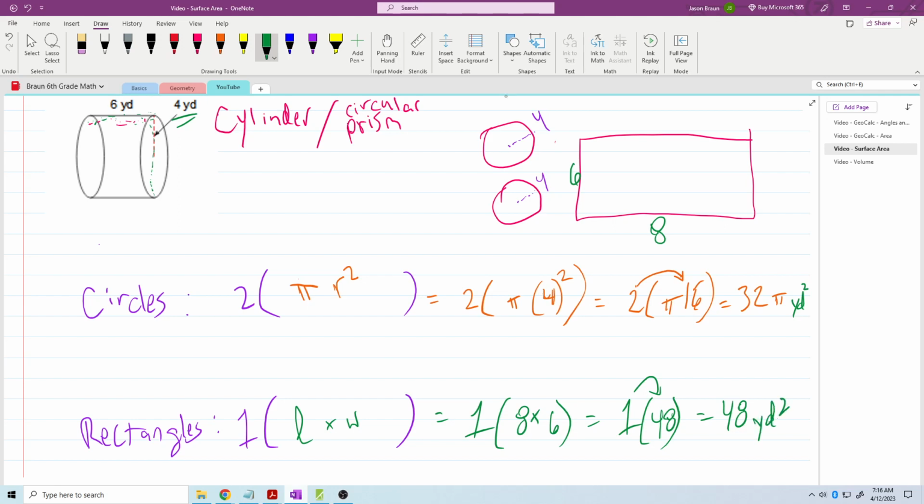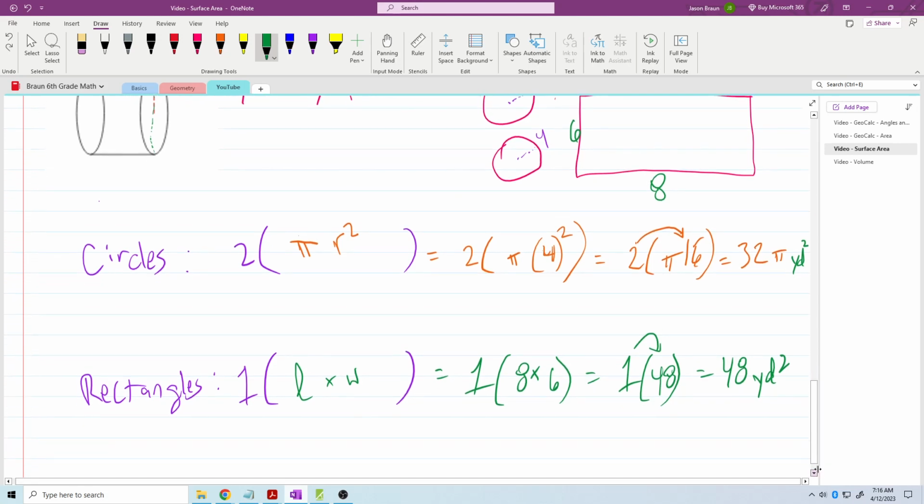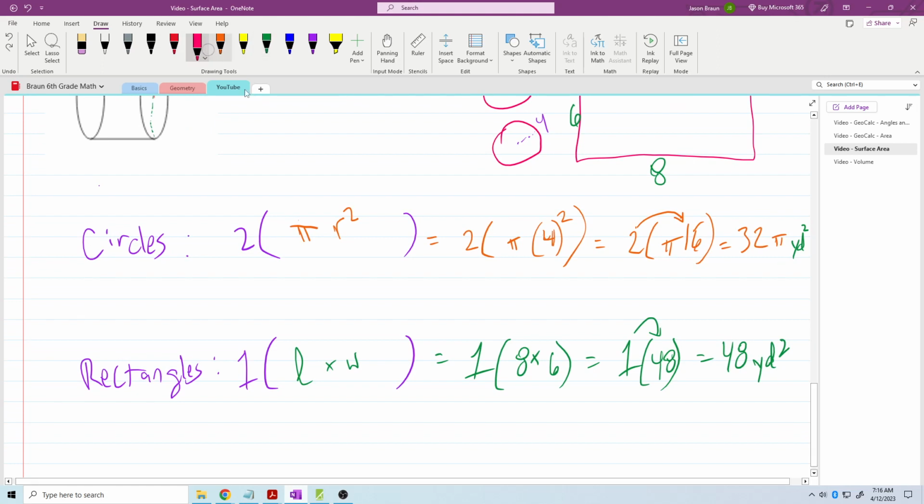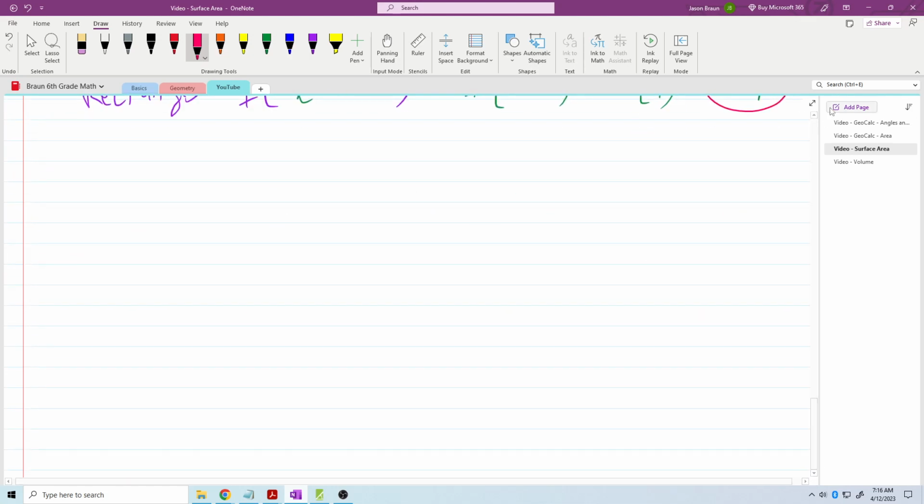Okay, let's see here. I got 1, 2, 3 shapes. I'm saying I got 2 of these, 1 of these. I've accounted for 3 different objects here. Just add them up, and there you go. So 32 plus 48.